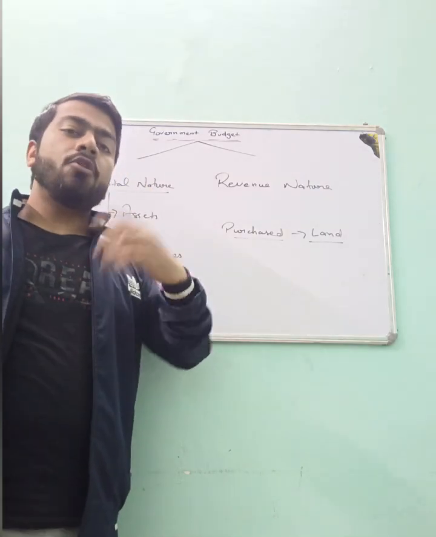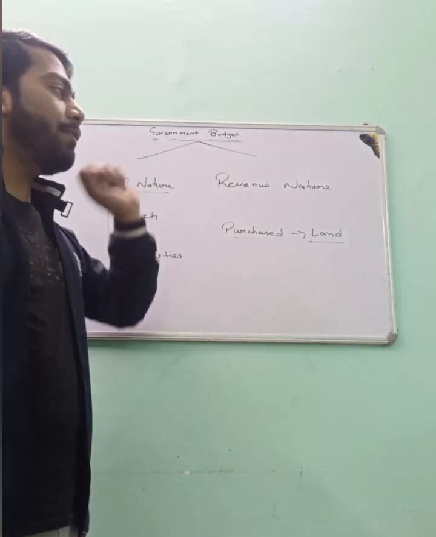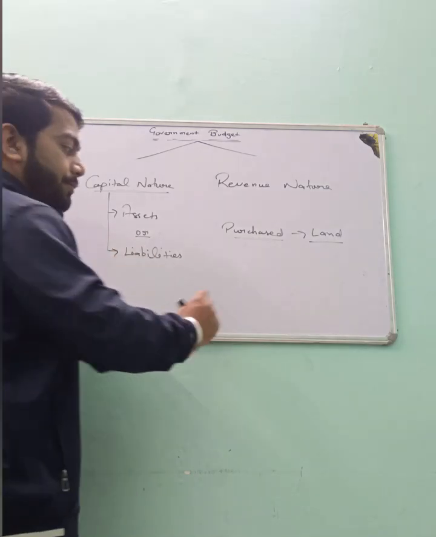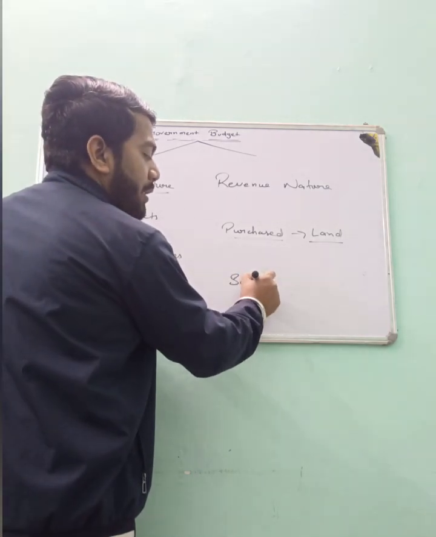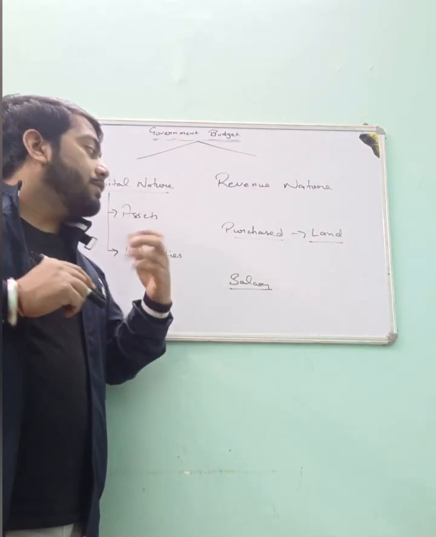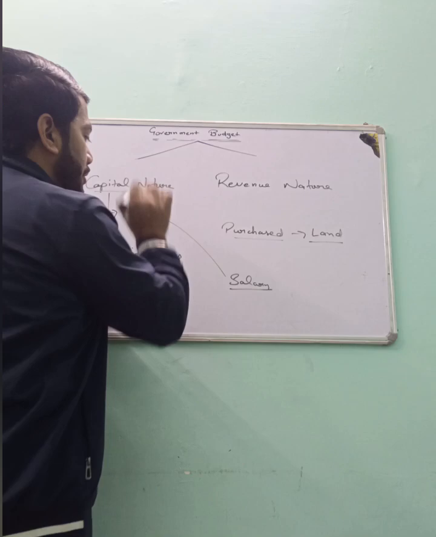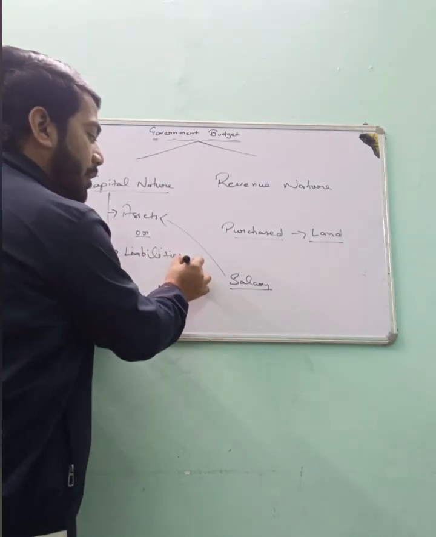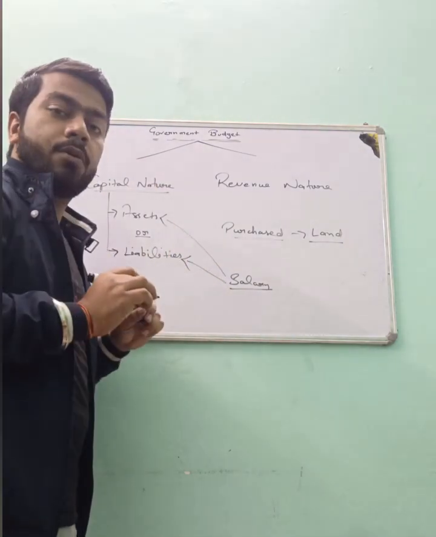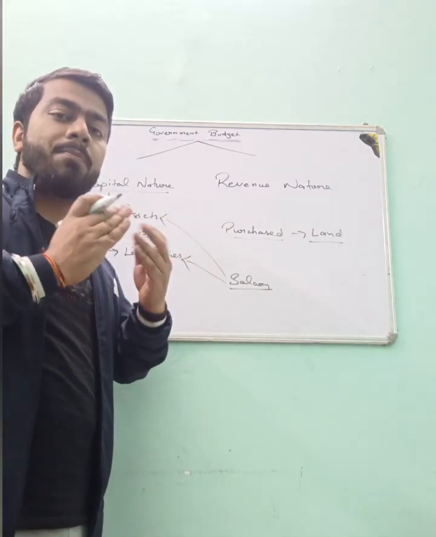And if they are not affecting assets and liabilities, then it will form part of revenue nature. For example, we are paying salary. Salary is not affecting assets, neither is it affecting liabilities. So basically we are paying monthly salary to our employees.